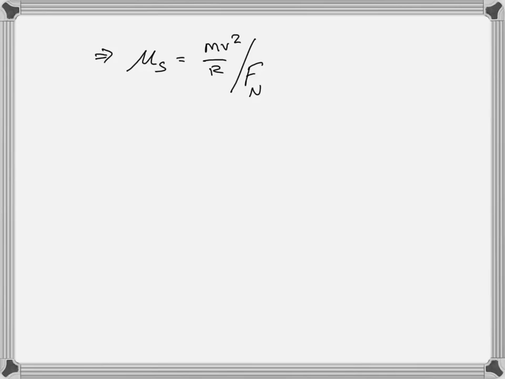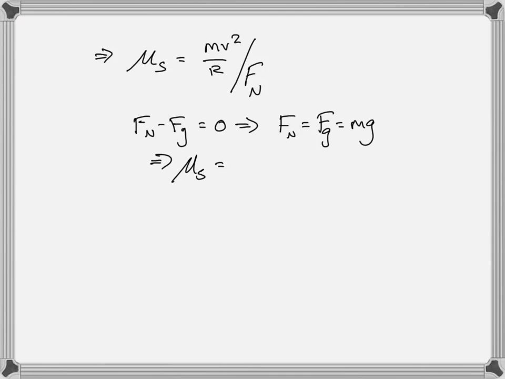Seen that a lot before. Therefore, Fn is equal to Fg, which equals mg. So mu sub s is equal to mv squared over r divided by mg, which is v squared over rg.